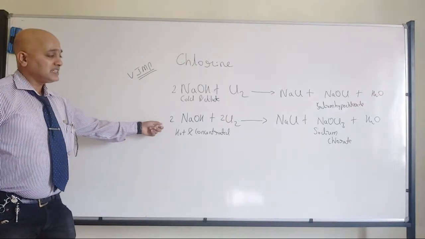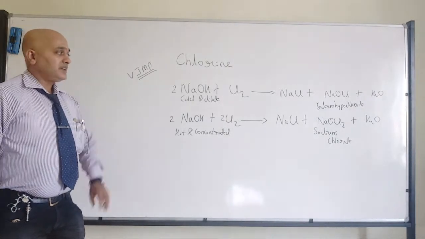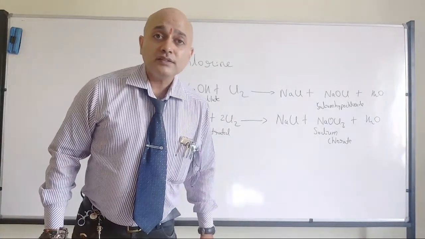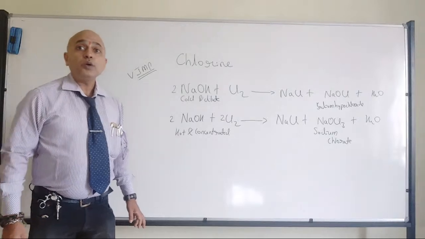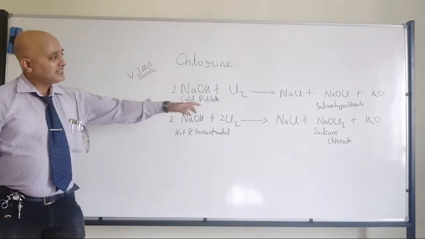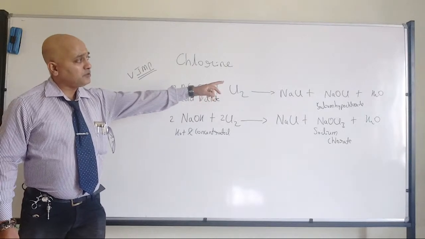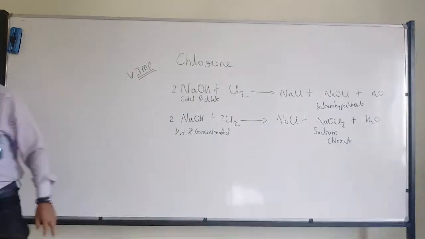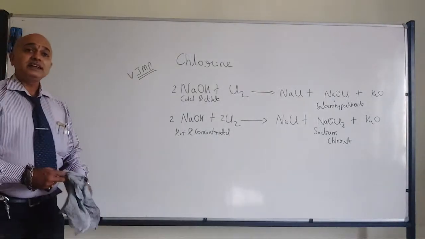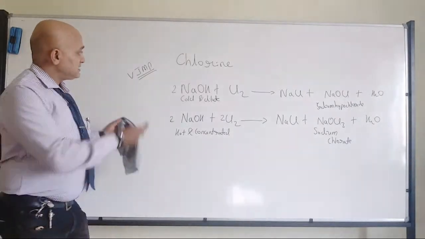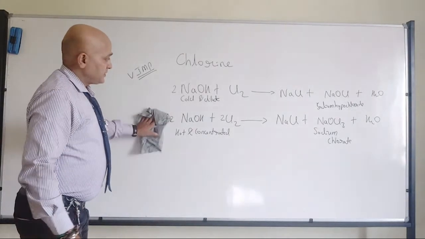Then you should write this one. Or if they ask, write the reaction of chlorine gas with sodium hydroxide under cold condition, then you should talk about this reaction. Fine? So that's where they differ with respect to sodium hypochlorite and sodium chlorate. Fine? Any doubt? This is a very important reaction.